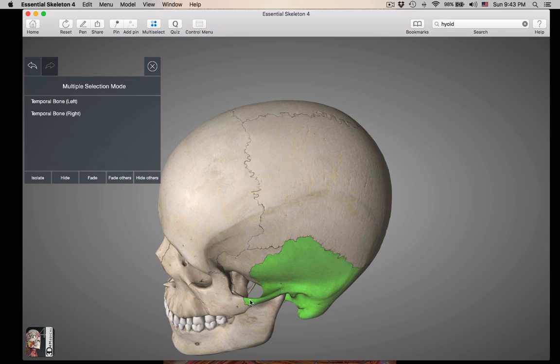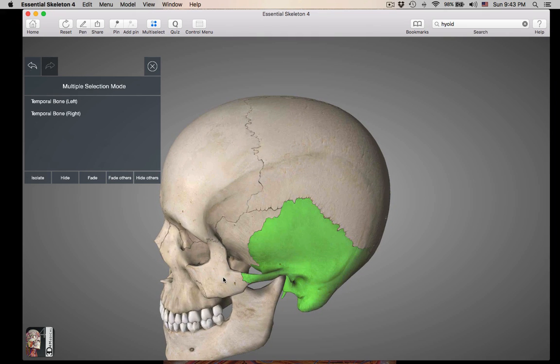So this zygomatic process of the temporal bone is articulating with this bone called the zygomatic bone. The zygomatic process tells us it's going to the zygomatic bone.